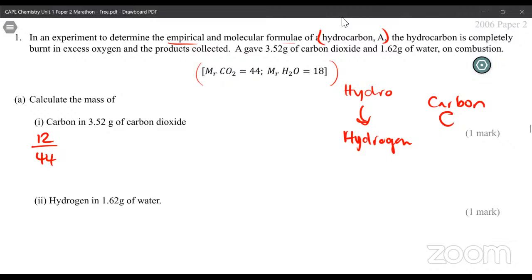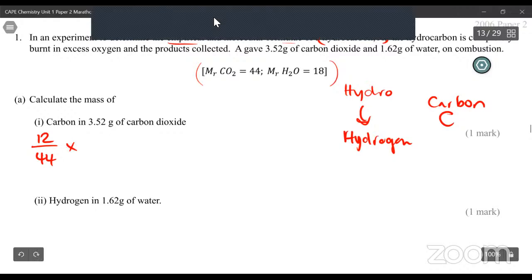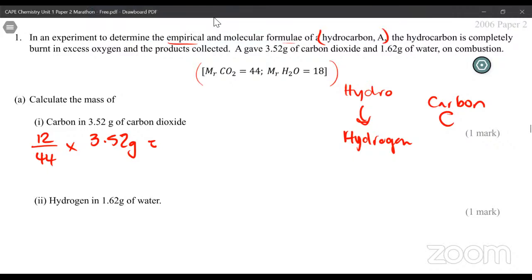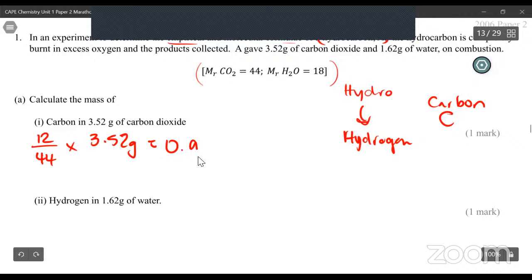And you want to find that out of 3.52 grams, right? It's like percentage, except it's not percent. So once you do that, if you put that in the calculator, you're going to get 0.96 grams of carbon, right? So keep that in mind.